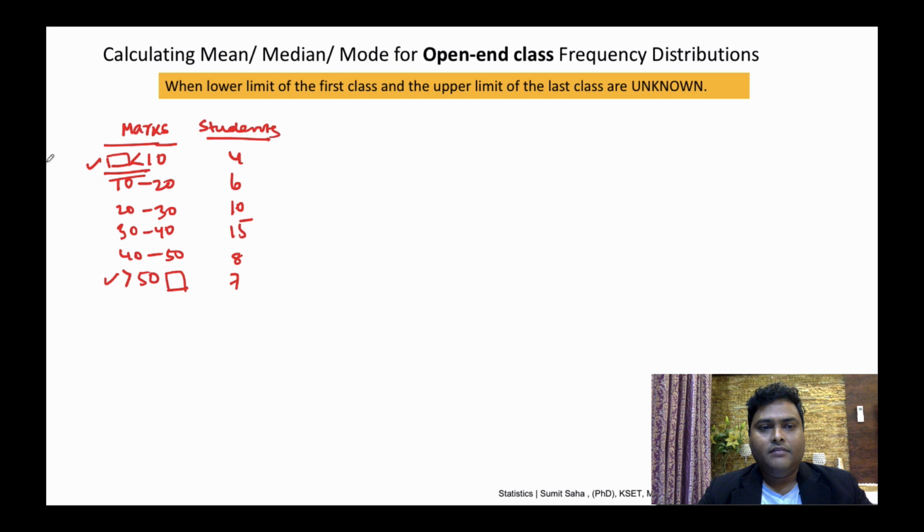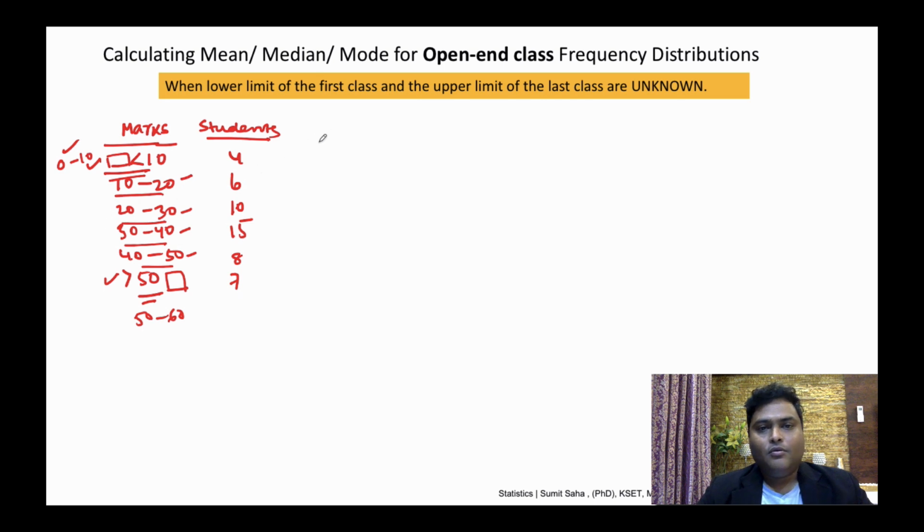Even if it is not given, we can write 0 to 10 because each and every class has the fixed class length. This is 20 minus 10, 10; 30 minus 20, 10; 40 minus 30, 10; and 50 minus 40, 10. So I can also tell that the last class will be 50 to 60 and the first class will be 0 to 10.